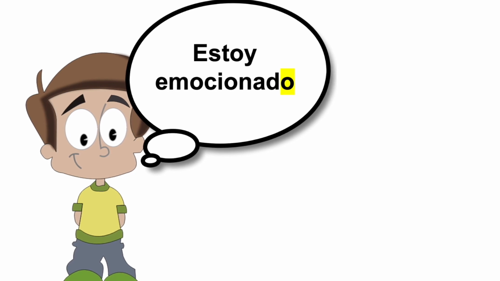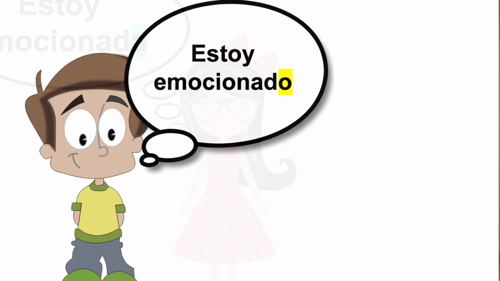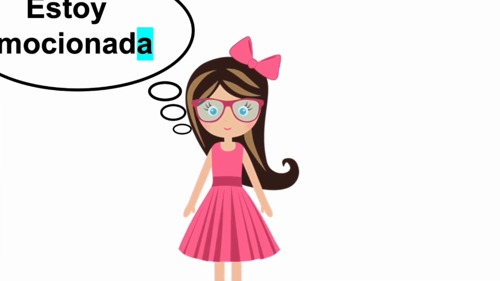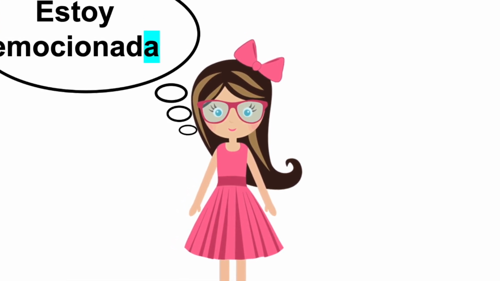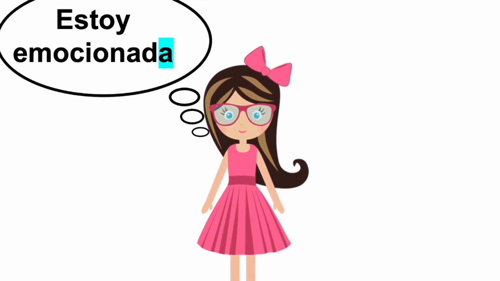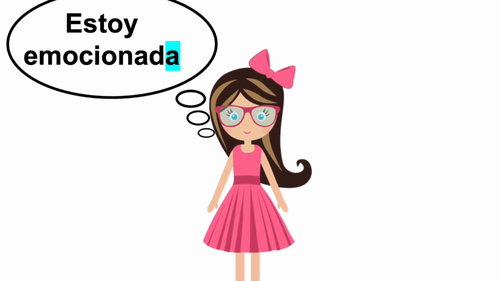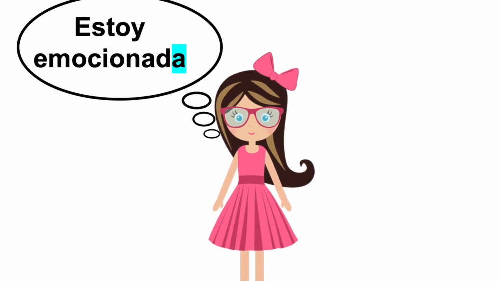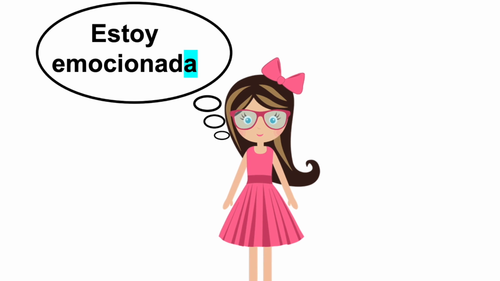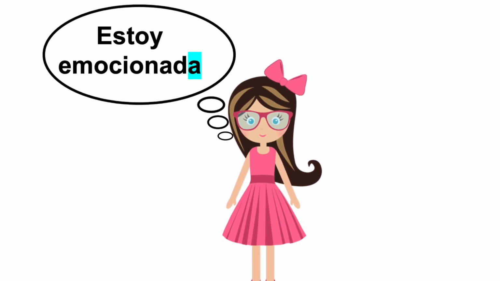I am very excited. So now let's see how we're going to say the same thing for a girl. She has an A at the end of her sentence. Remember, if you're a girl, you're going to use an A at the end of your sentence. So she is also telling us, estoy emocionada. I am very excited.